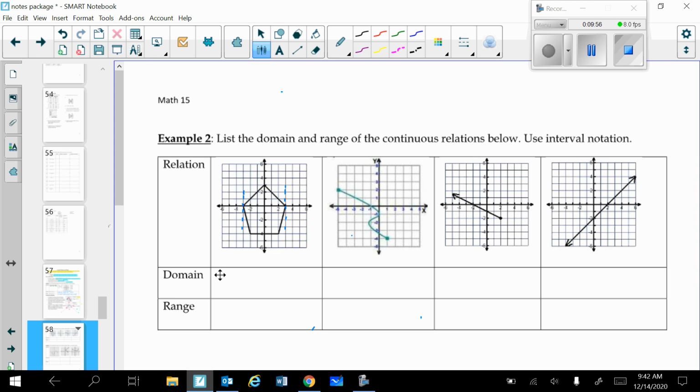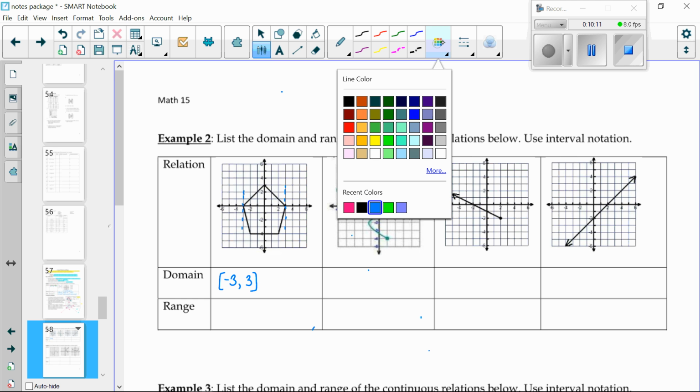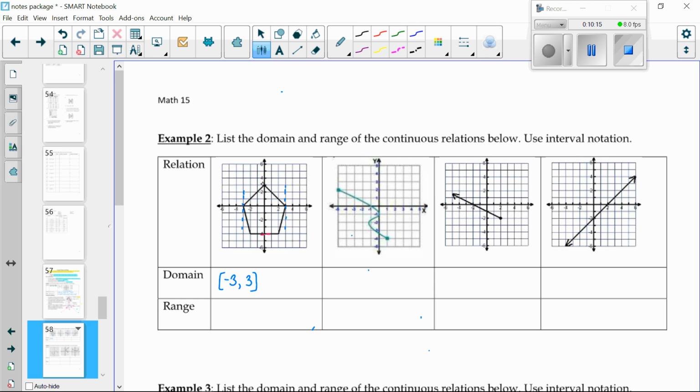So I'm going to have square brackets, -3, comma, +3. Okay, now my range, my lowest value for y is at -4, my highest value is at 3. So I'm going to have here square brackets, -4 and +3.